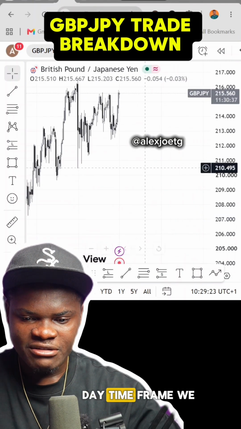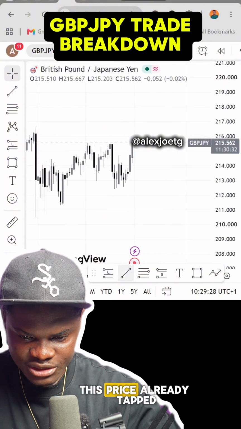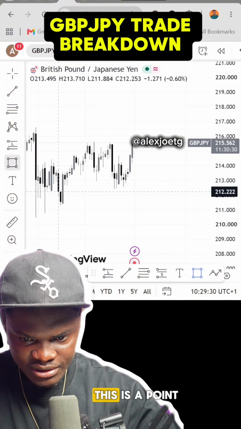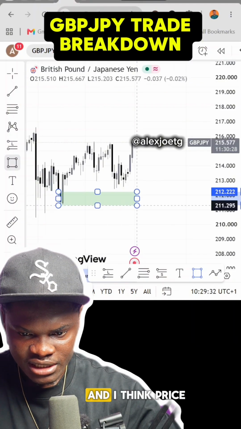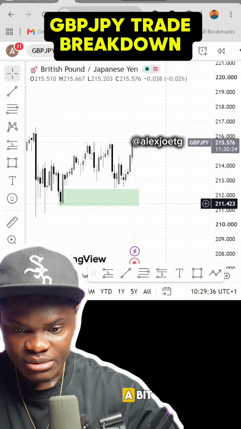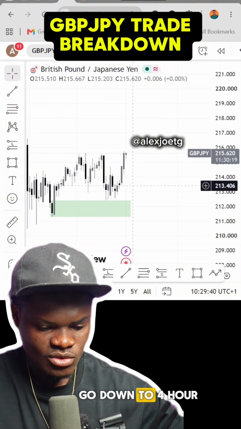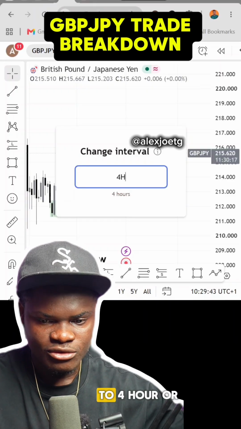So now on the 1 day time frame, we can see that this price already tapped in here. This is a point of interest on the 1 day, and I think price wanted to tap in, or it tapped in a bit, but we can't just enter from the 1 day time frame. So I had to go down to 4 hour. You can go down to 4 hour or 1 hour.